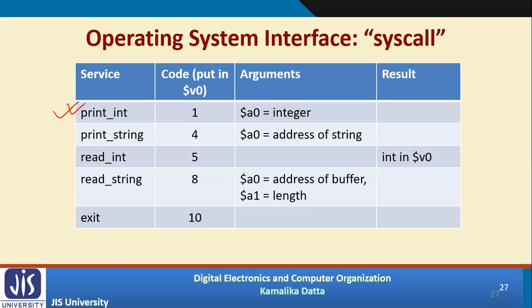Now, for printing an integer, you need to initialize certain values in certain registers, and then you can execute it. Why is this required? Think of a situation from when you did C programming.